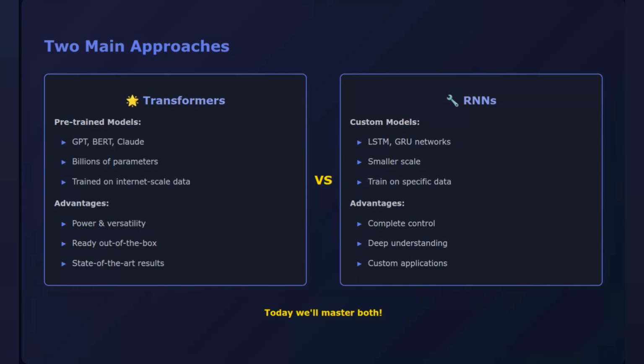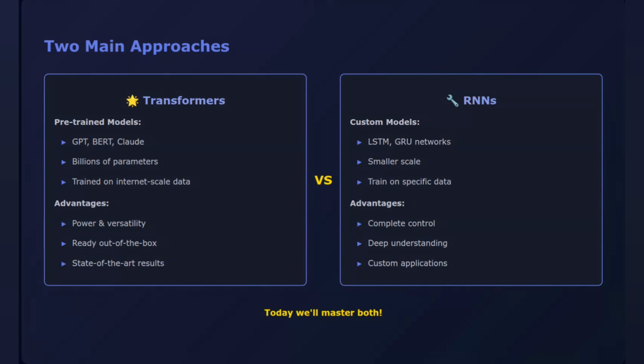Now, there are two main approaches to text generation in the AI world today. First, we have the giants, pre-trained transformer models like GPT, BERT variants, and Claude. These models have billions of parameters and are trained on enormous datasets, covering the entire internet practically. Second, we have custom-built models using recurrent neural networks, or RNNs, specifically LSTMs and GRUs.